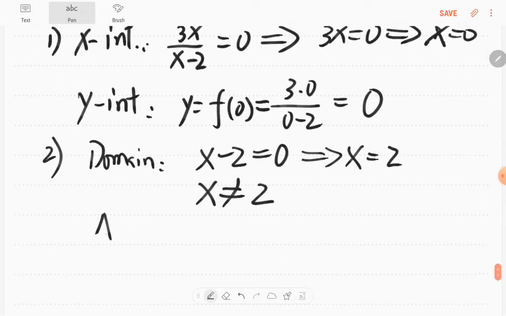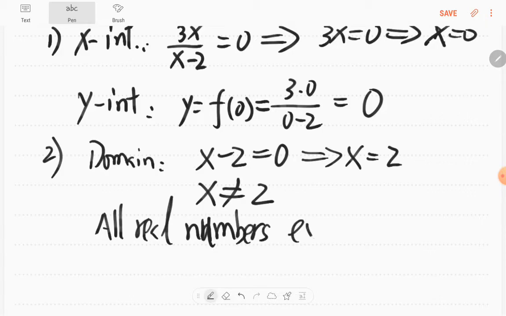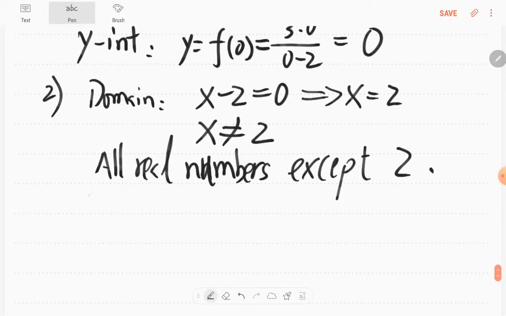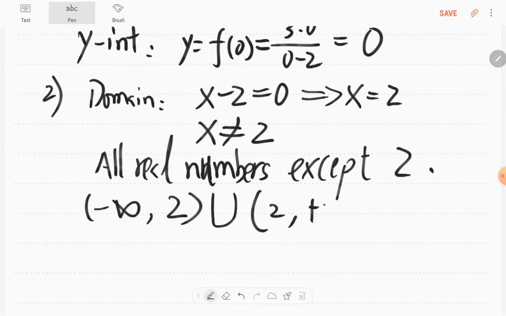So the domain is all real numbers except 2. Right, this is the domain. If you want to use the interval notation, that would be -infinity to 2, union 2 to +infinity.